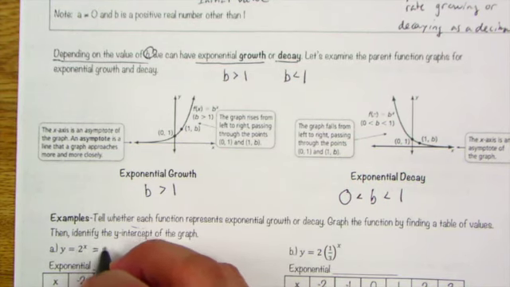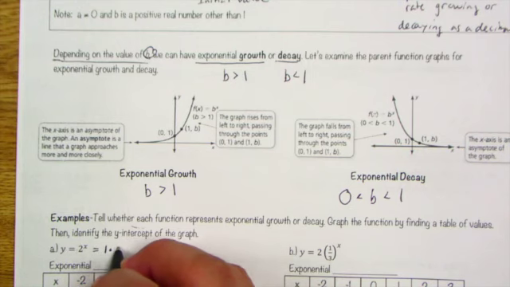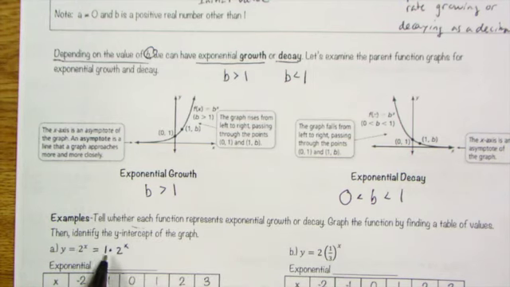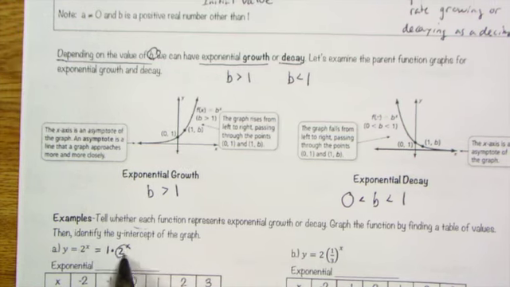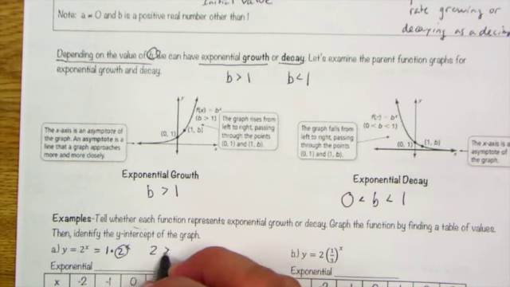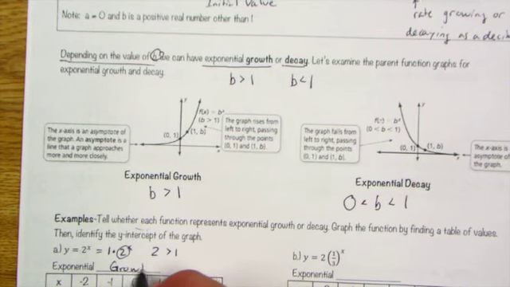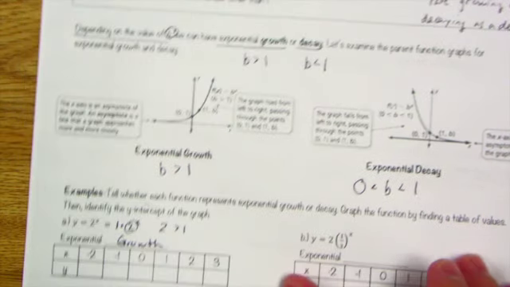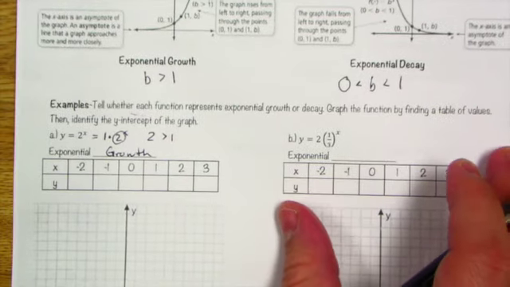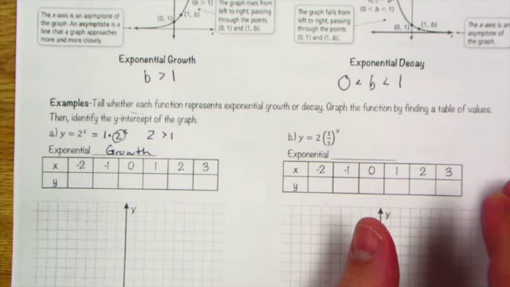So what this really looks like is 1 times 2 to the x, where the 1 serves as our initial value, and the 2 serves as our b, which is the growth factor. Since that 2 is greater than 1, you have exponential growth. So what we should see here is an increasing graph over time.